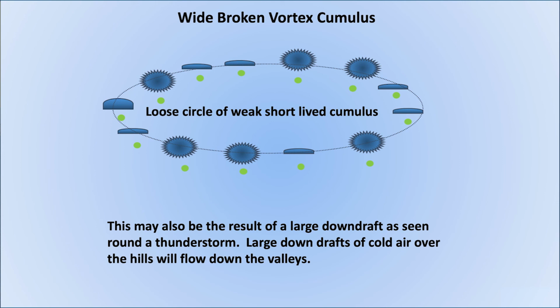You can get a wide, broken vortex cumulus, a loose circle of short-lived, weak little cumulus, and this would be 2 or 3 kilometers wide. It's usually generated by a big, cold downdraft that's come from quite high, and it's made a bit of a splash out as it's hit the ground and triggered them.